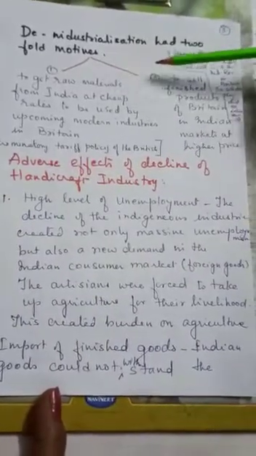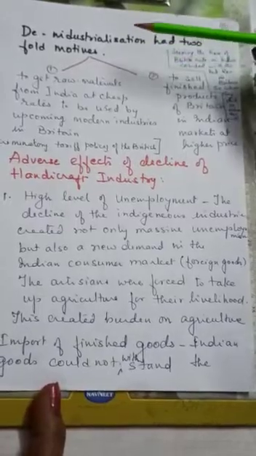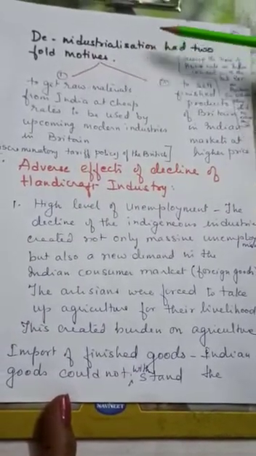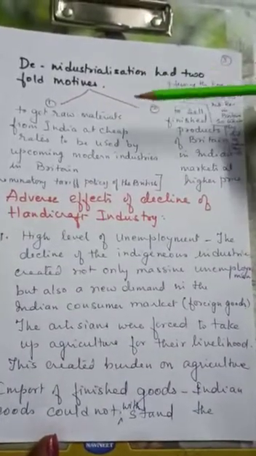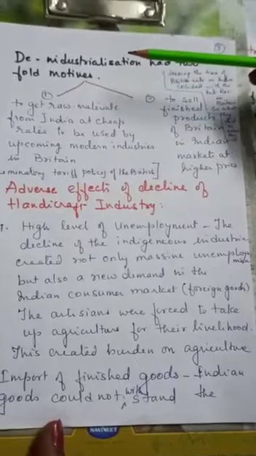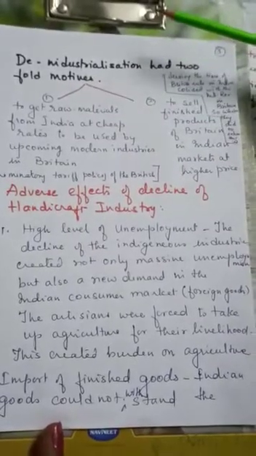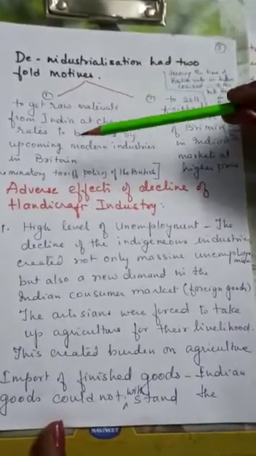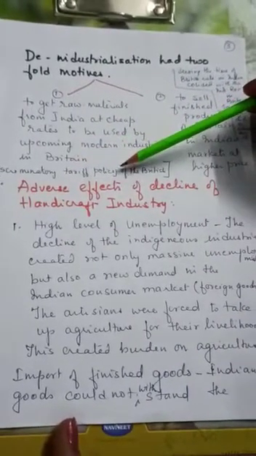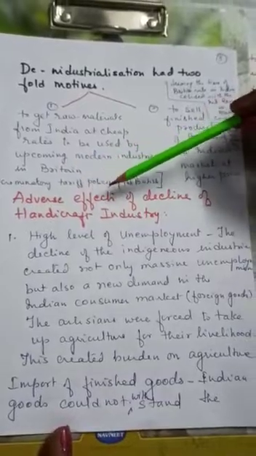Now, before we talk about these two, let us know that during the British rule in India, it collided with the Industrial Revolution in Britain. So whatever they did was to encourage and enhance their industries. So for this, they used discriminatory tariff policies. So what is discriminatory tariff policy?